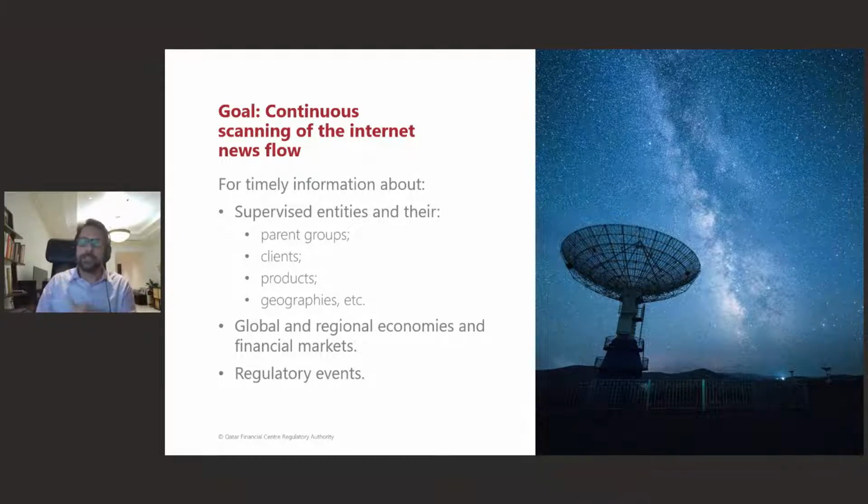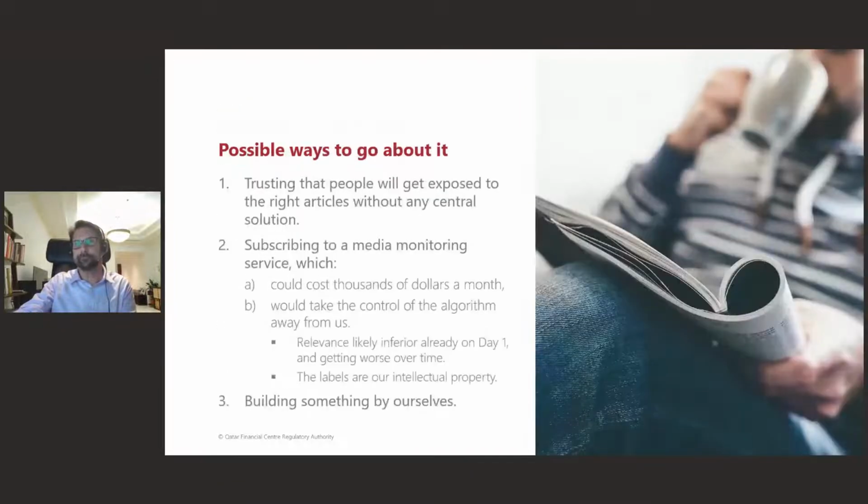And then finally, we want to also stay abreast of what the other regulators do. Are there regulatory announcements, events, new rules, etc.? We would like to be informed by these as much in real time as possible.